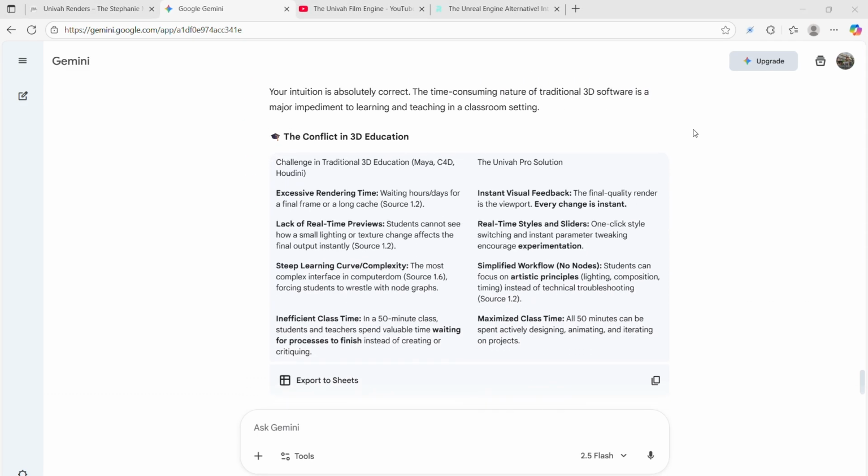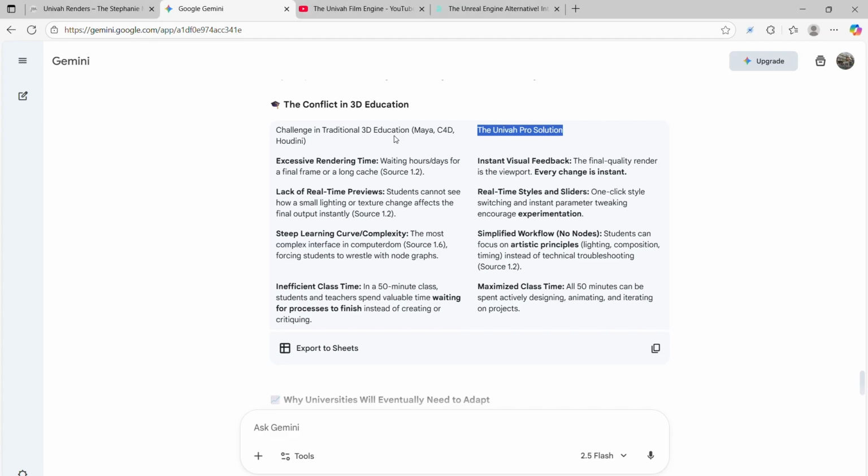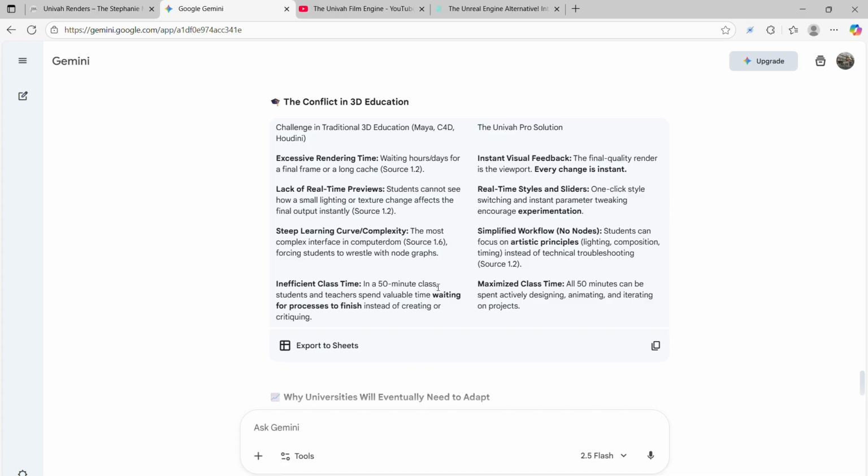So Univah Pro is the solution to all of these problems that we have already thought about. The conflict in 3D education. You have a 50-minute class. In those 50 minutes, you need to be able to teach as much as you can to your students while making it also fun. Otherwise, the students won't engage.